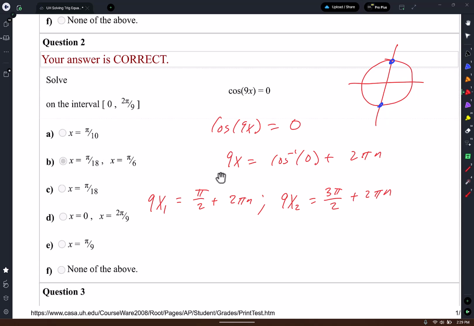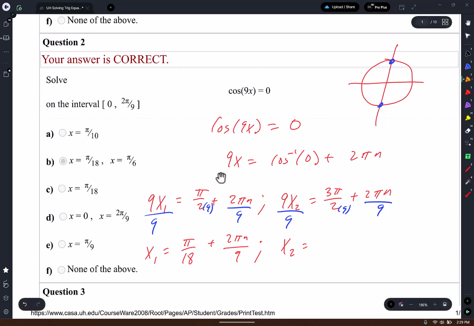I want to get x1 and x2 by itself, so all I have to do is divide by 9. x1 equals pi over 18 plus 2 pi n over 9, semicolon. x2 equals, 3 goes into 9 3 times, and 2 times 3 is 6, so pi over 6 plus 2 pi n over 9.